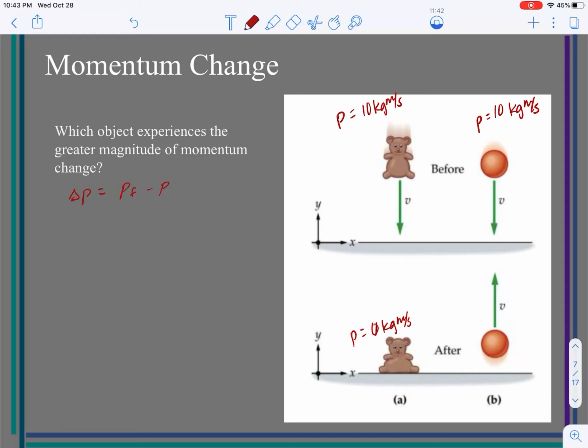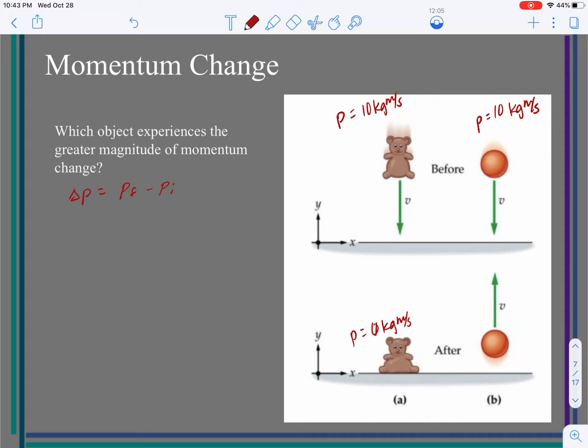And remember, change in anything is always going to be final minus initial for that variable. So to calculate the change in momentum for my teddy bear, I simply need to plug in what my initial and final momentums were. Now remember, velocity is a vector, therefore momentum is a vector.